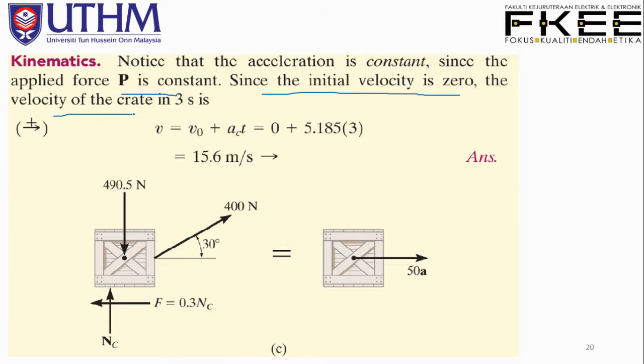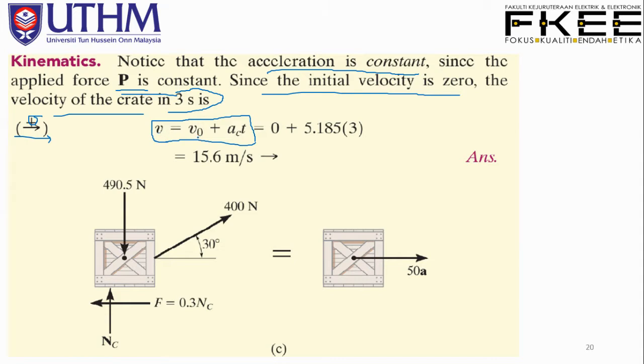So the velocity of the crate in 3 seconds is, again, to the right is positive, and then V equal to V naught plus A C times T. You can see this equation from the earlier slide, in the beginning of the slide. There is a certain condition to apply this equation where acceleration must be constant with P constant, and only then can we use this formula.